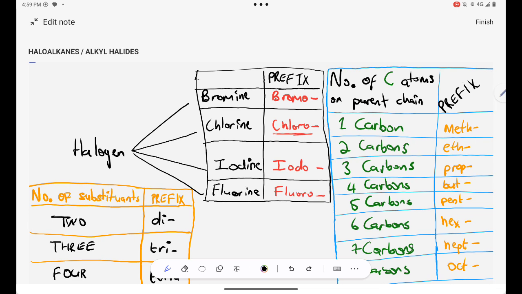If you have a bromine on your haloalkane, you need to say it's bromo. If you have chlorine, it's chloro. If it's iodine, it's iodo. Fluorine is fluoro.